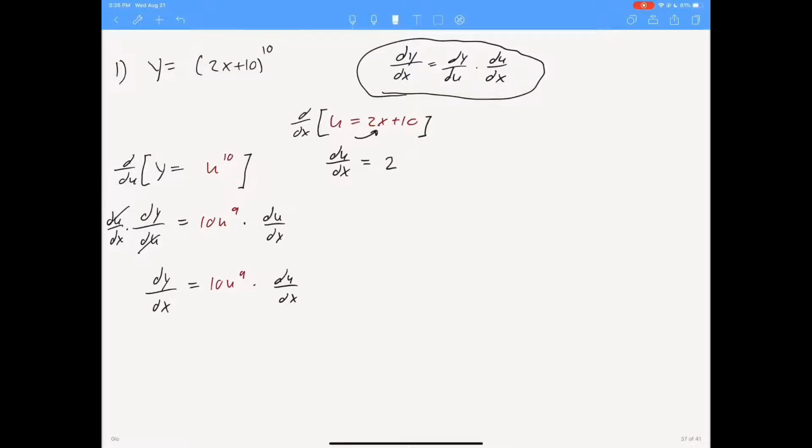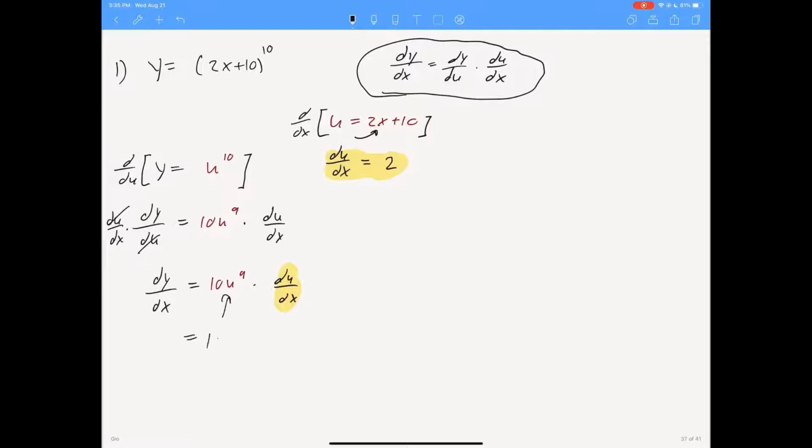Now all we have to do is make our substitutions. du/dx is just 2. And we already know what u is: u is 2x plus 10 from earlier.